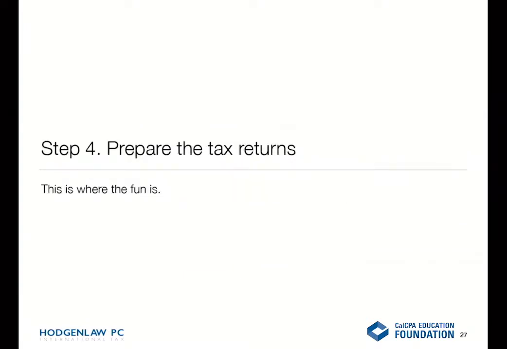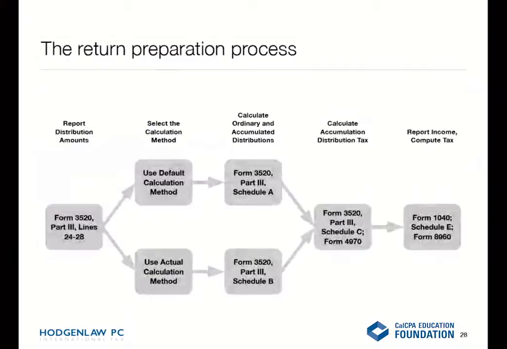Okay, so here's where we start to get into preparing the actual tax returns. We're going to look at a couple examples, go through some scenarios, and then show the tax forms. So here on slide 28, we have a flowchart, which takes us through basically the entire process of everything that's going to be filled out, where it's going to be reported, and how it all goes on the forms.